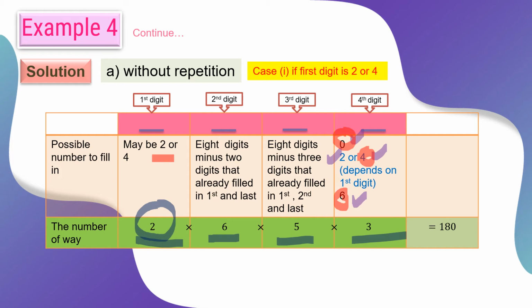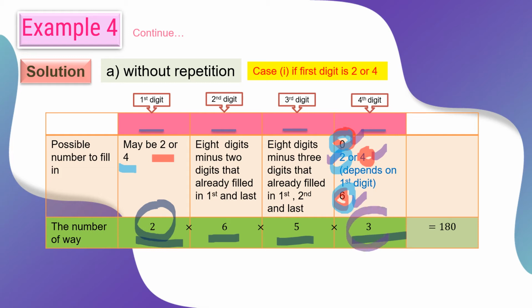Okay, and if you start with digit 4, you can choose 0, 2 and 6. So how many digits can you put on the last place here?